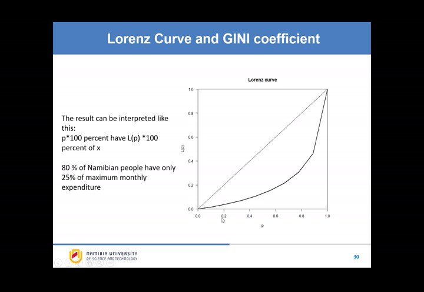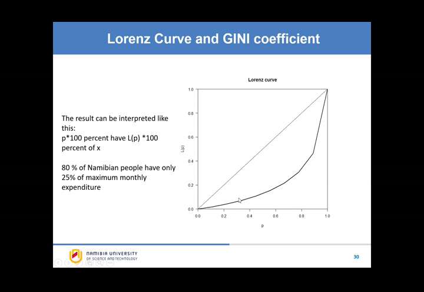This curve is indicating that 20%, this 0.2, of the population will own, I don't know, maybe 5%. Okay, let's take the 0.4, or 40% of the population. This is standardized from 0 to 1, which makes it easier for us to understand.